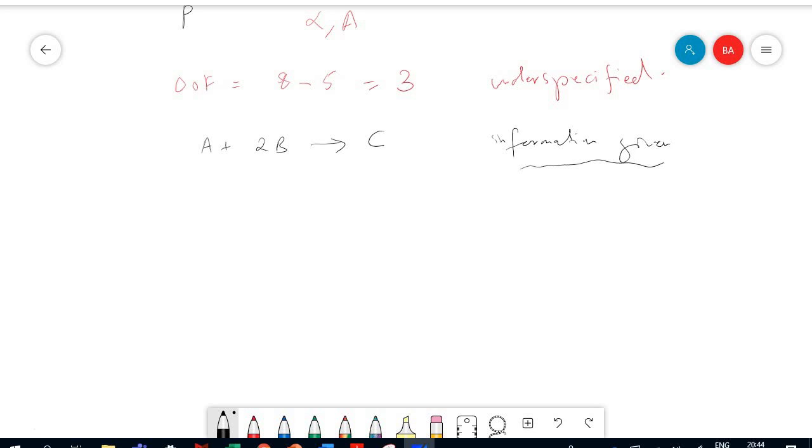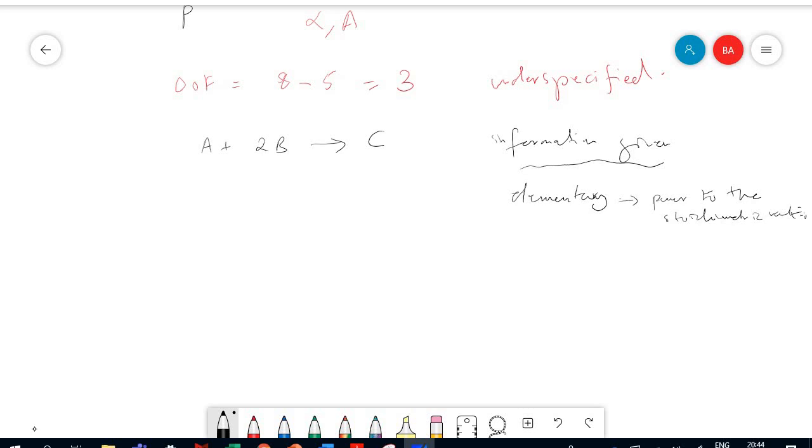If I say elementary, definitely that means we take the equation to the power of the stoichiometric ratio.